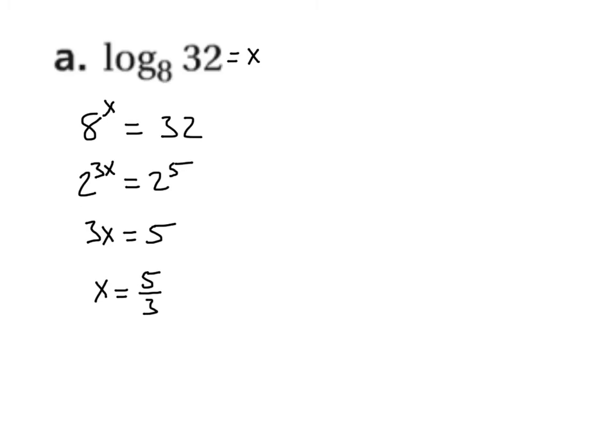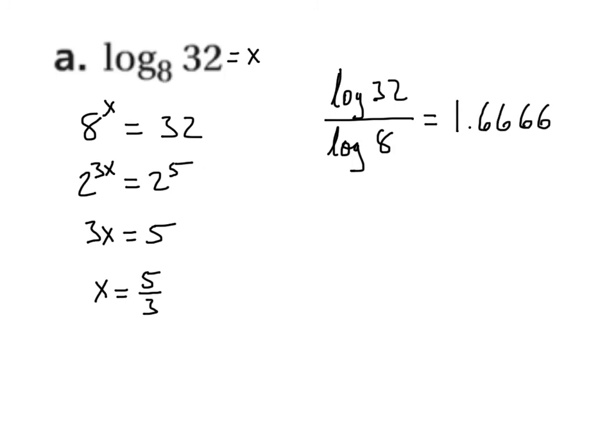Let's see if we can get that using the change of base formula. See if it's the same thing. So using the change of base formula, we should have log 32 divided by log 8. And if you plug that into your calculator, 1.66666 repeating, correct?